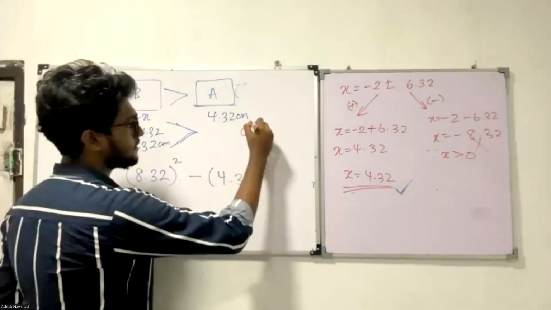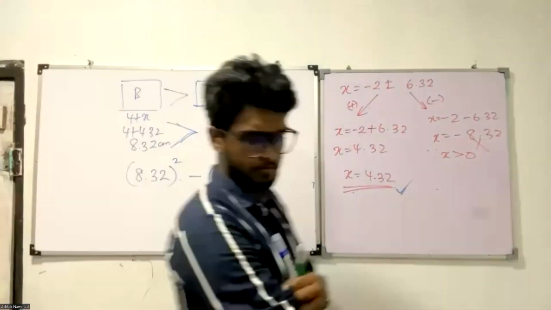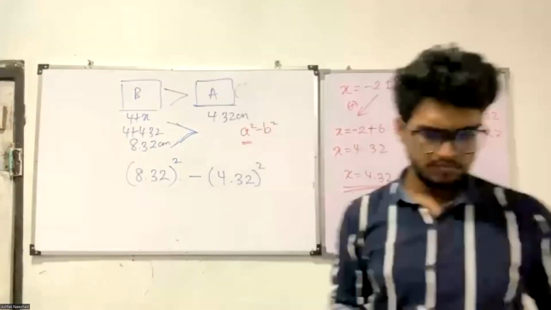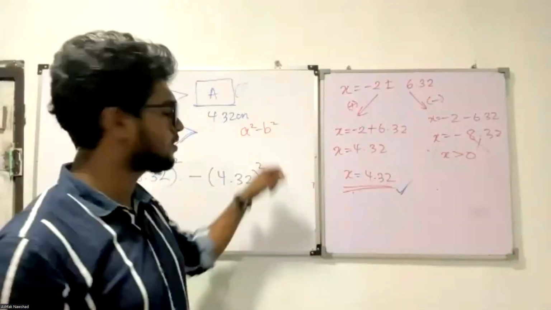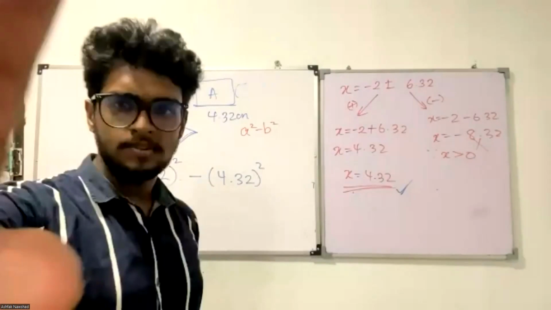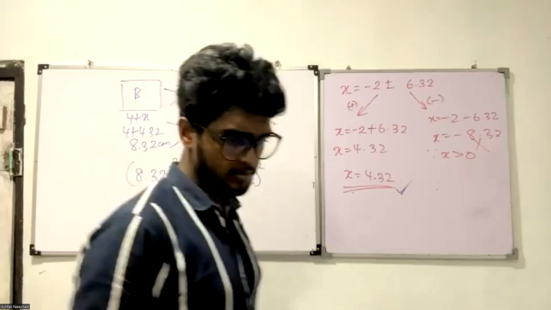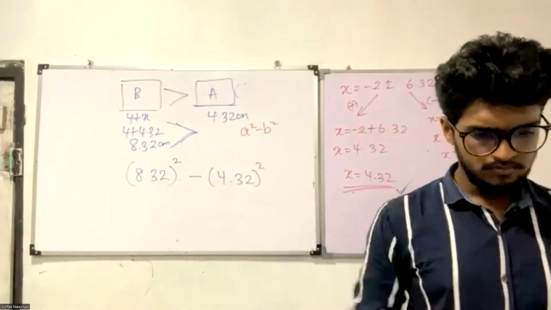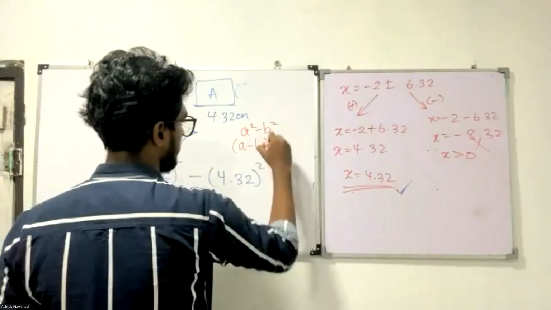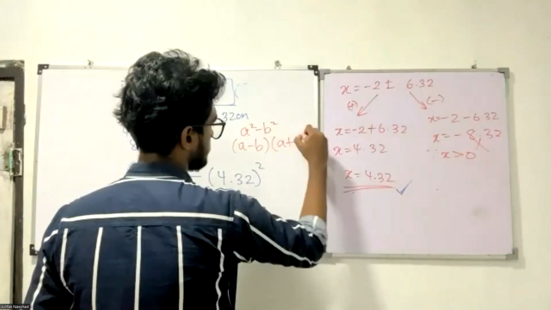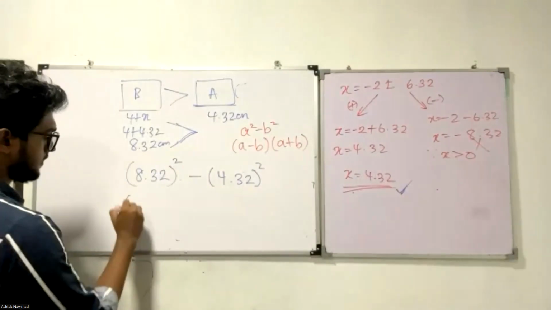If it's A square minus B square, how can you factorize it? Yes, A square minus B square is A minus B into A plus B. So similarly, we can factorize this.